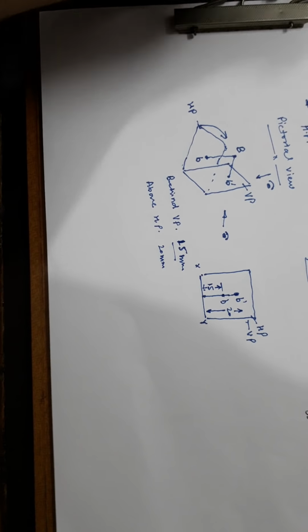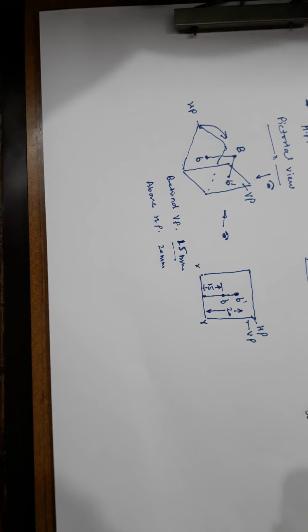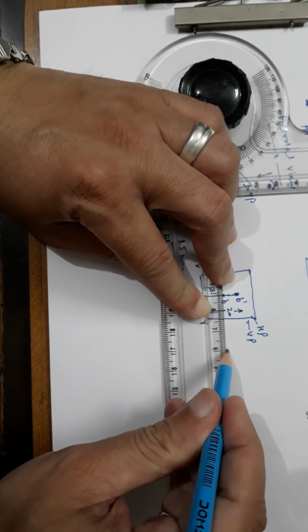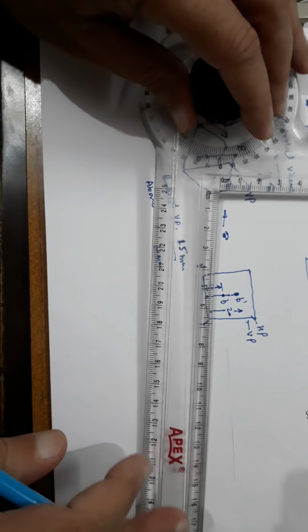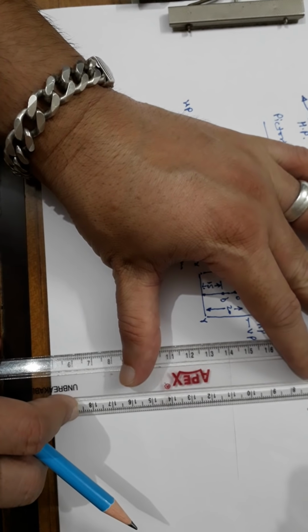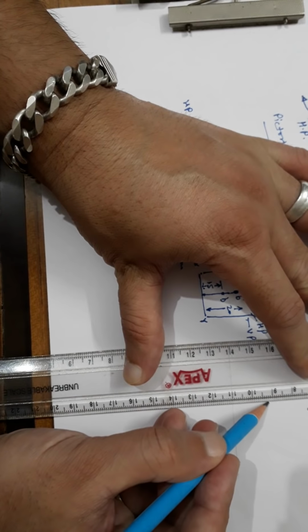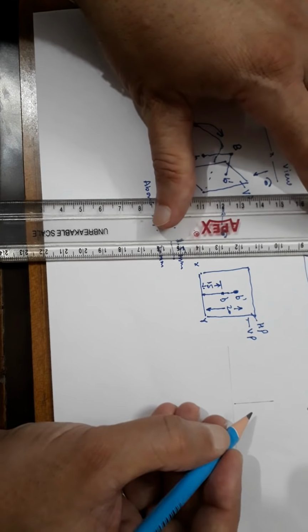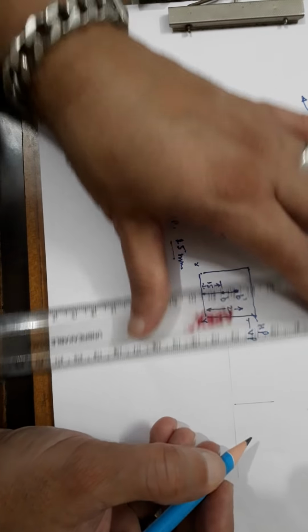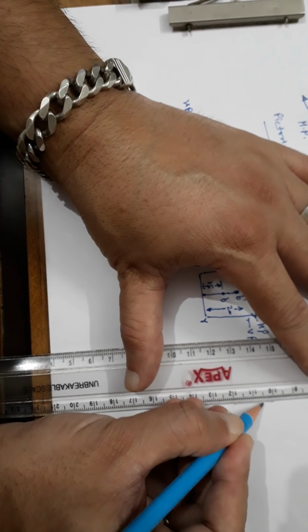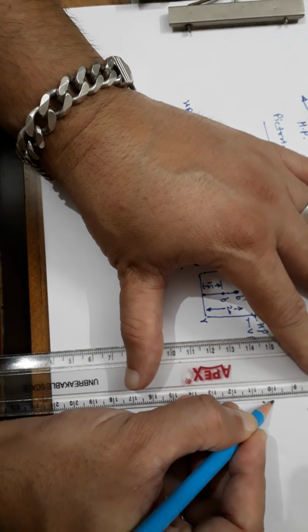Now you can show this on the drawing sheet. You have to draw the XY line again. Then 15 mm and 20 mm. One more thing to be noted is that both the views are just above the XY line.